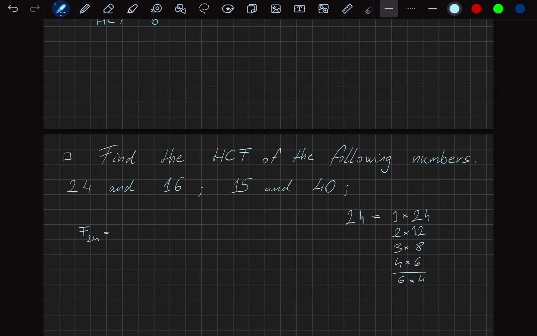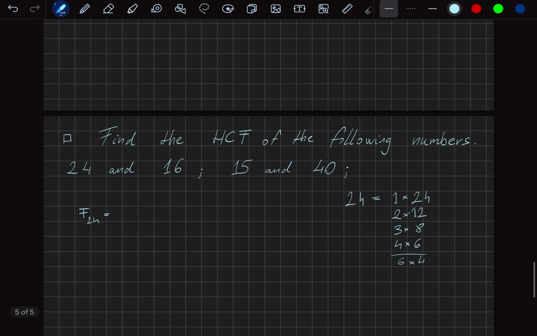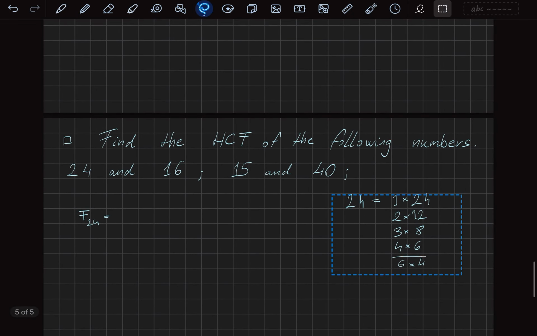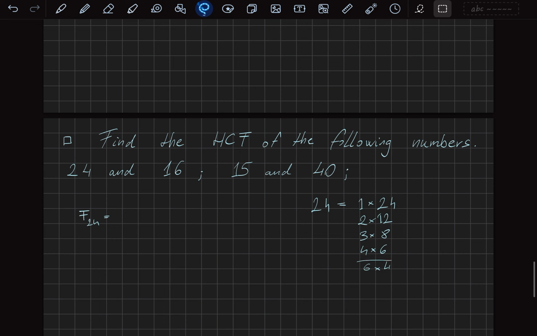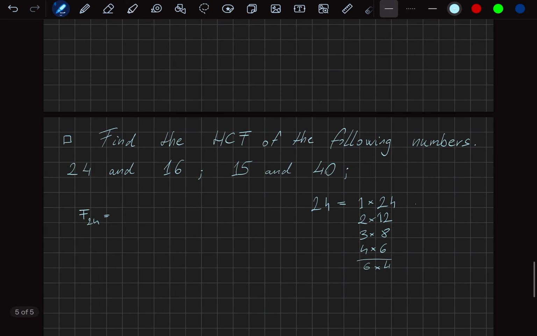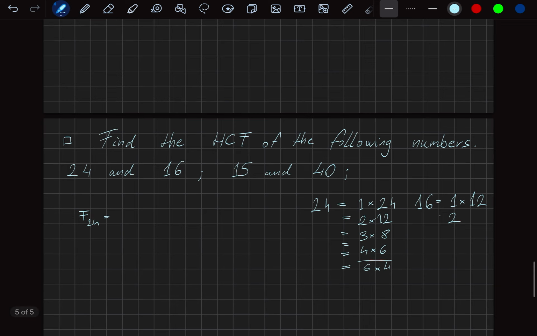So here will be the border. And also we will search the factors of 16: 1 times 16, 2 times 8, 3 times nothing, 4 times 4. Everywhere you can put the equals sign, but it's fine.